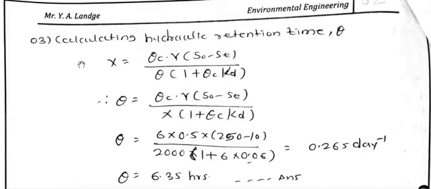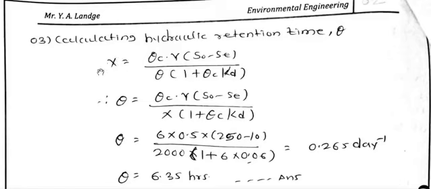We have the formula, with the help of the derivation, that the microorganism concentration X is equal to theta c, which is the mean cell residence time, times yield, times S0 minus SE, divided by theta, the value of which is to be calculated, times 1 plus Kd theta c. Theta c is to be known, and Kd is known. So the X value is known, MLVSS is given.